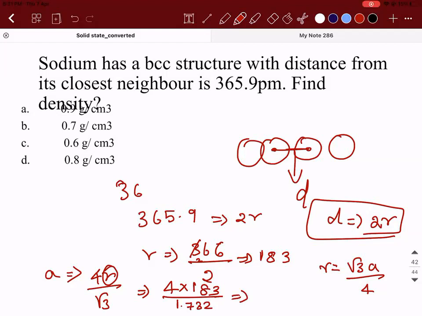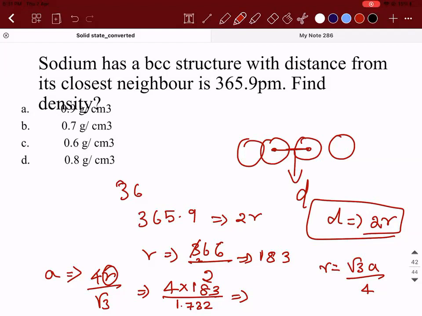Where is my mobile calculator? Has anyone calculated it? Just tell me the answer and then you guys can leave, because we can see another 2 or 3 problems tomorrow. 60% of the portion is over, still a little bit left, but we need to solve lots and lots of problems.